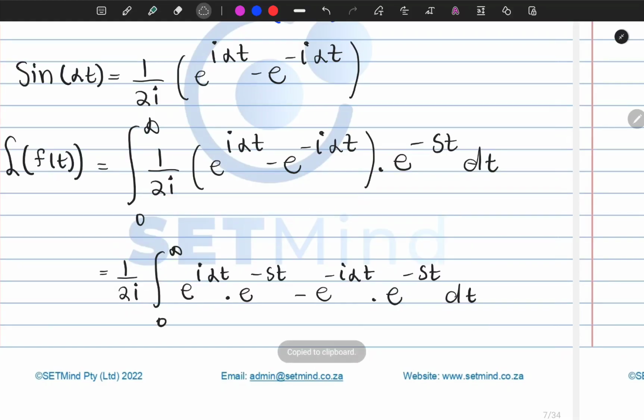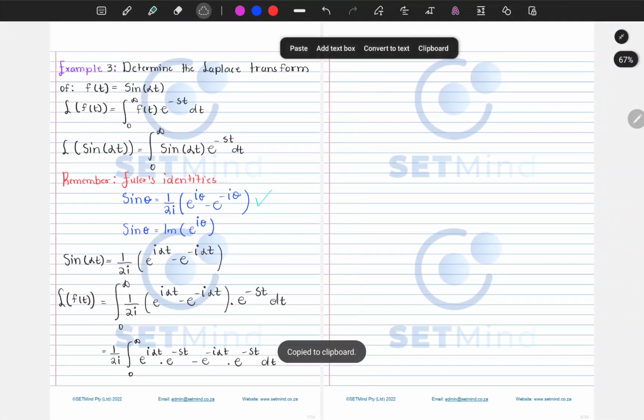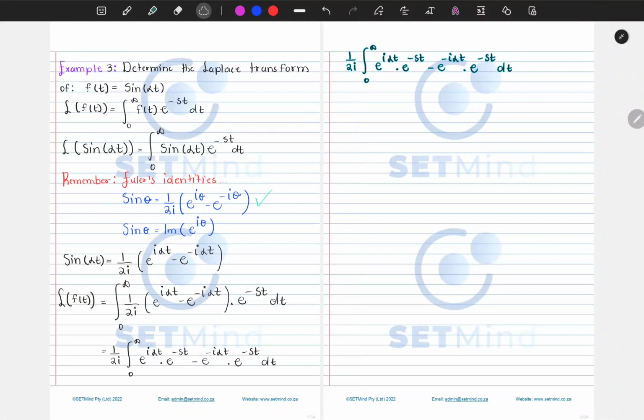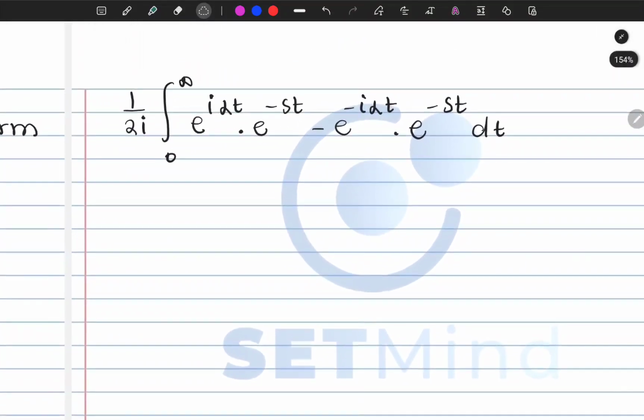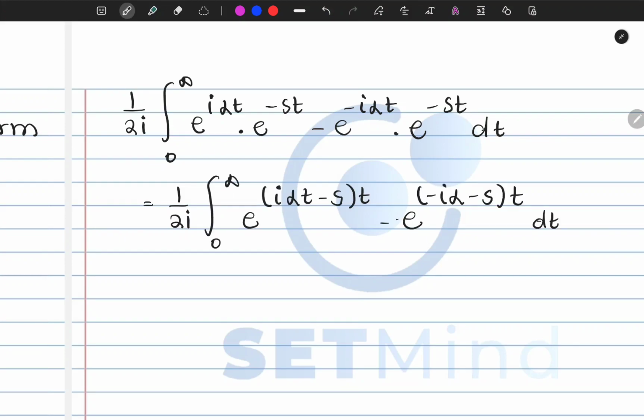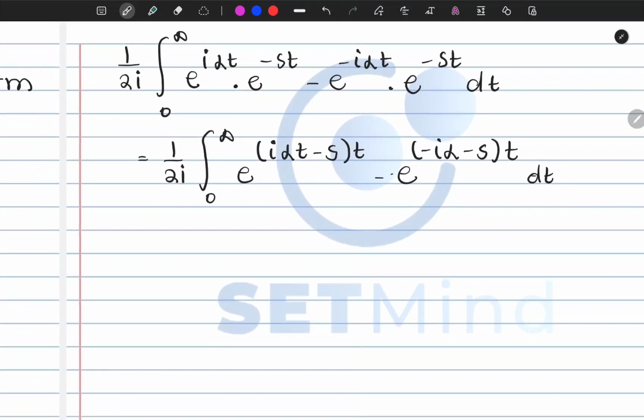So let's go ahead and integrate the portions inside. The first thing I can do is combine the exponents so that it becomes a bit easier to work with. Then we can start doing our integration.